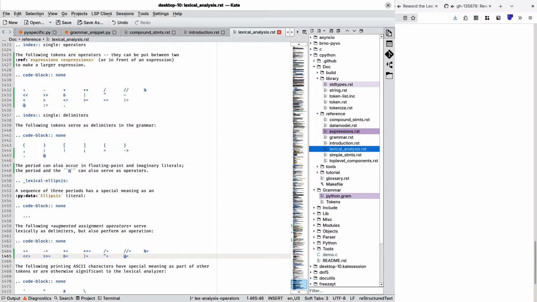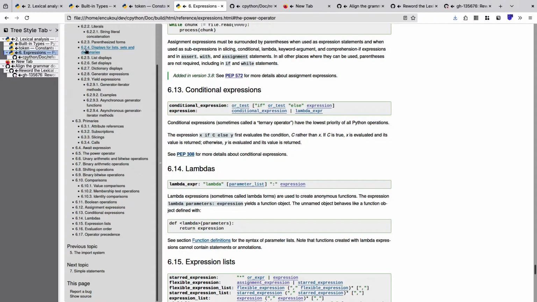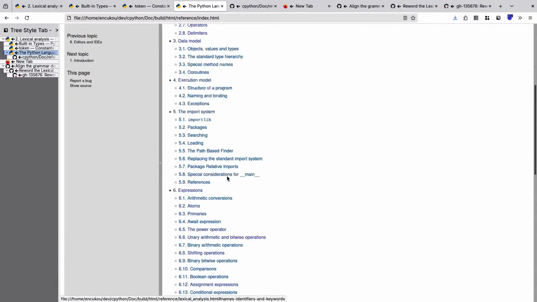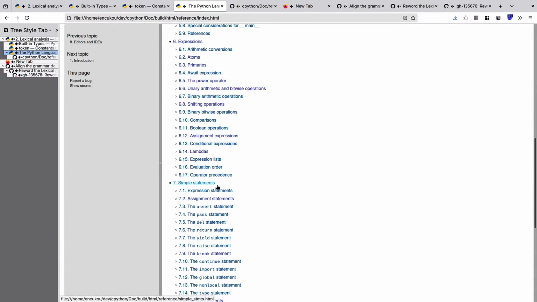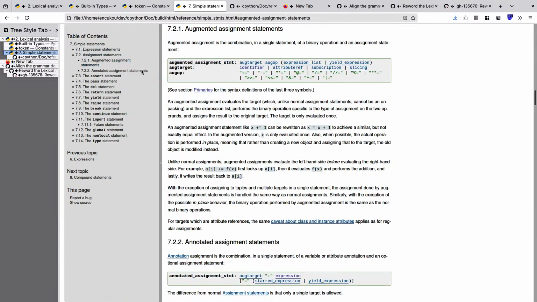It seems like we should link somewhere to augmented assignment because, to be honest, I'm not sure I know what it means. Alright, so that would be in simple statements. It's 7.2.1, Augmented assignment statements. Oh, sweet. Okay.